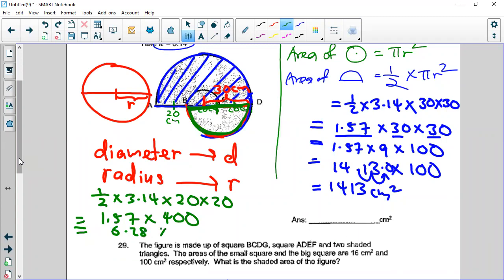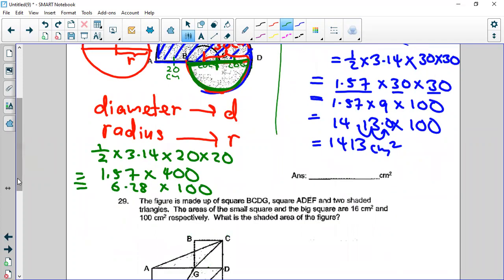Don't forget to times 100, because there's a decimal point here, so you shift the decimal point to the right, 1 and 2, and you will get 628.0. So the area of the small semicircle is 628 centimeters square. This part is not easy because of your shortcuts.